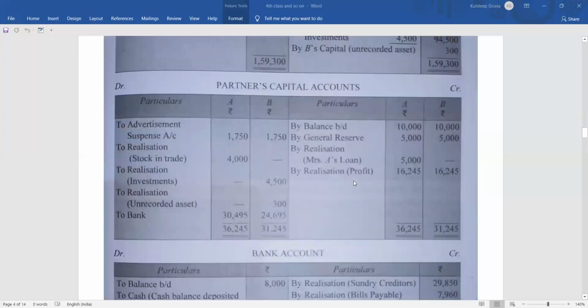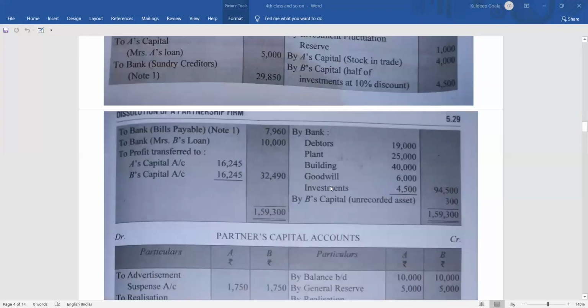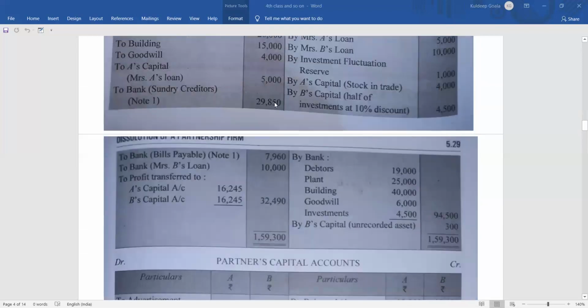So it will be realization account debit to bank. In case of creditors, it is 29,850, sorry. Realization account debit to bank, 29,850. The creditors paid, that is 30,000 minus 150. This 150, how did it come? It came by calculating 30,000 into 6% for 1 month, right?